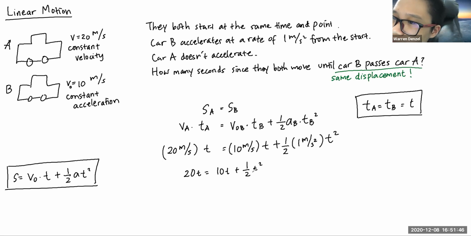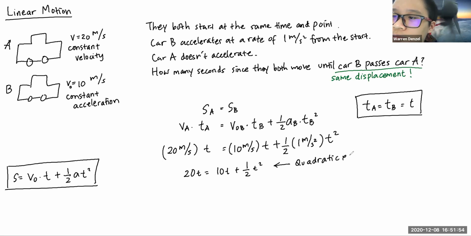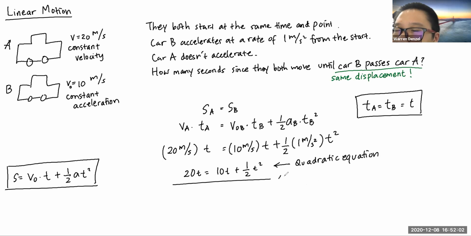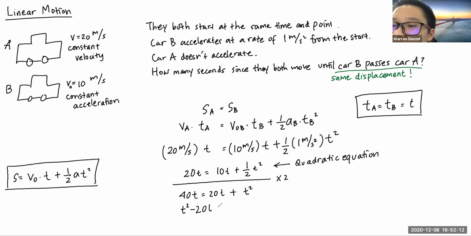It's a quadratic equation, right? Do you know how to solve a quadratic equation? We multiply by 2 first to make it easier. 40T equals 20T plus T squared. Something like that, right?